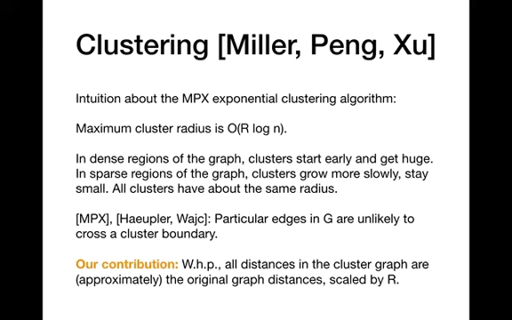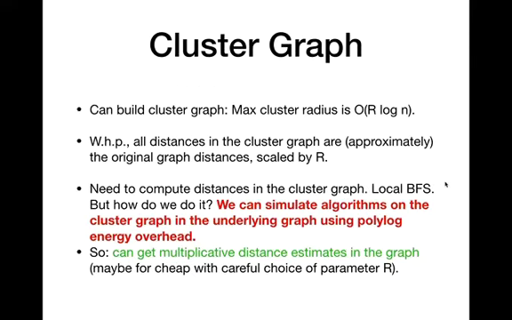And by approximately, I mean up to polylog n. Okay, so we can build this cluster graph, and the maximum cluster radius is O of r log n. And all the distances in the cluster graph are approximately r times the original graph distances. And so there's our multiplicative estimate, except how do we compute distances in the cluster graph?